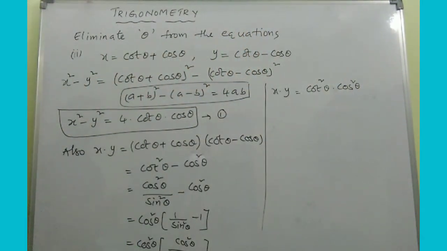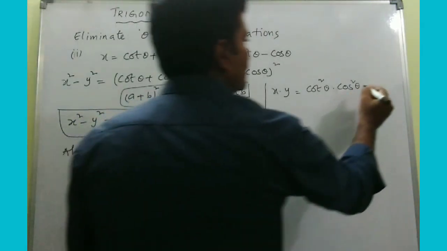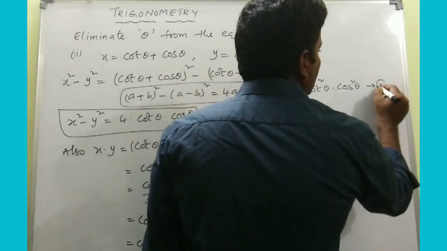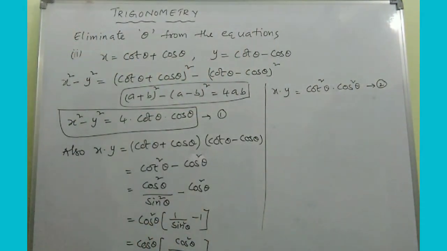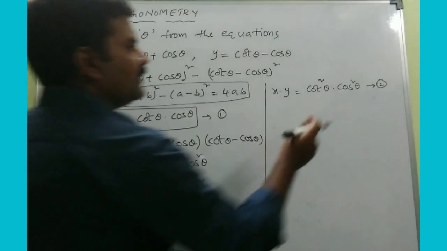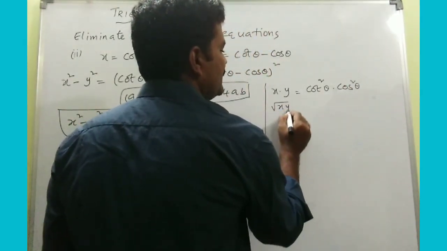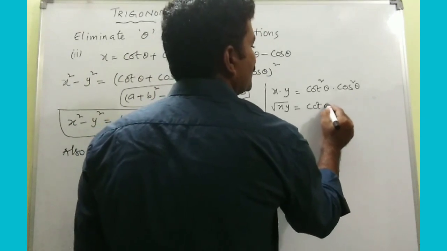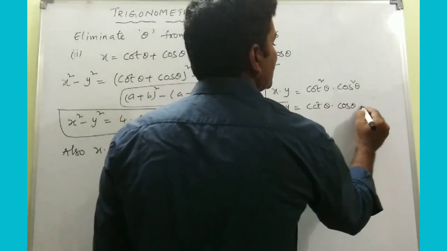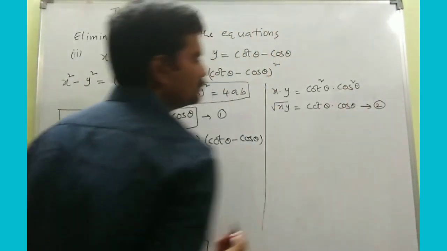Okay, so then do one thing. Say this is relation number 2, equation number 2. Or from this what I can say, root xy is equal to, can I write it as cot theta into cos theta? Now better you can assume this as 2.